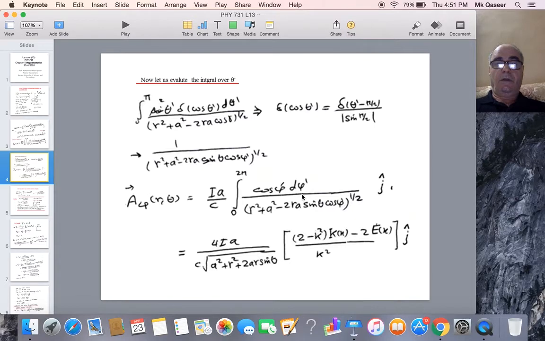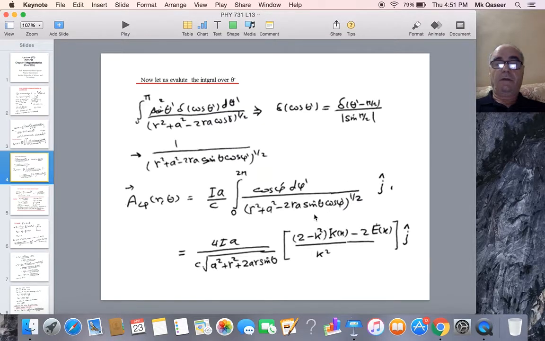Now let's perform the integration over theta prime, and note that delta of cosine theta prime can be written in this form. Doing so, we get this expression. We still have to find this integration for phi prime.